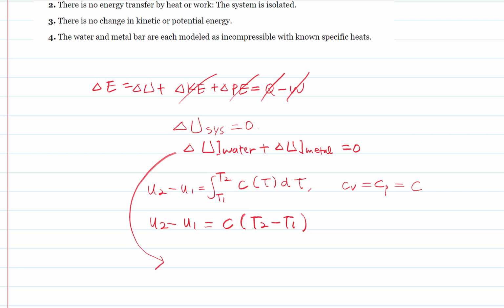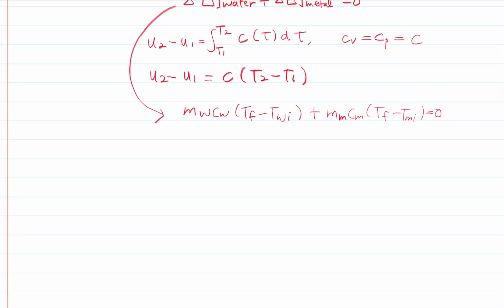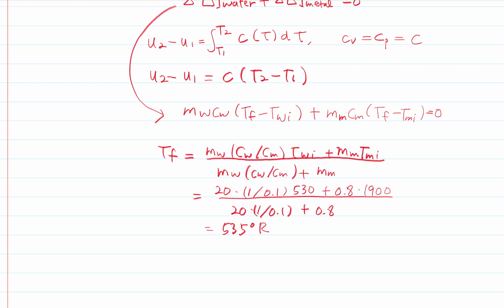So this equation becomes this, and the only unknown here is T_F, the final equilibrium temperature. So we solve it for T_F. So the final equilibrium temperature is calculated.